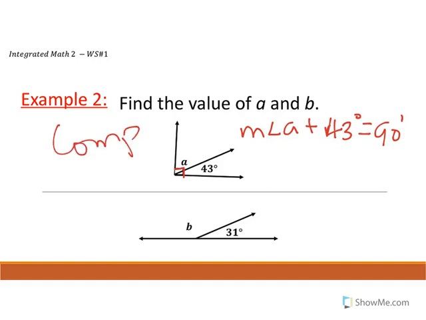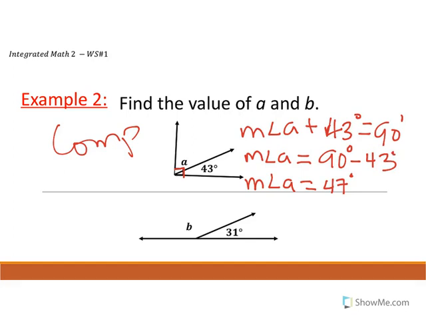To solve for A, the measurement of angle A equals 90 degrees minus 43. Let me double check that on my calculator. The measurement of angle A is equal to 47 degrees. Make sure that when you write your answer, you include the degree sign.